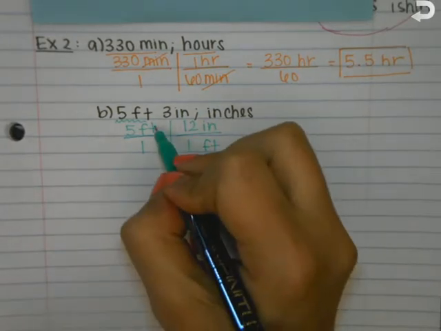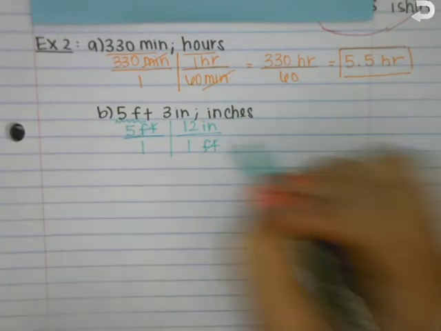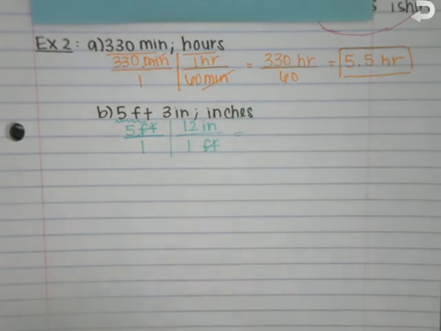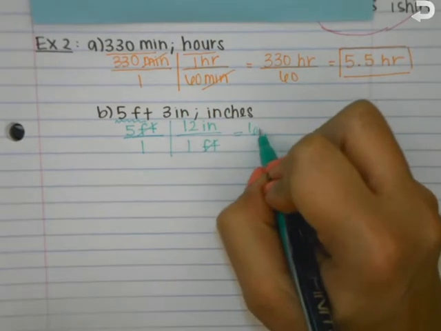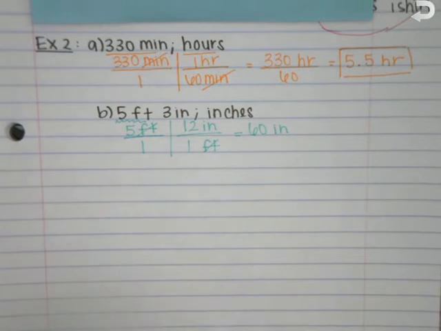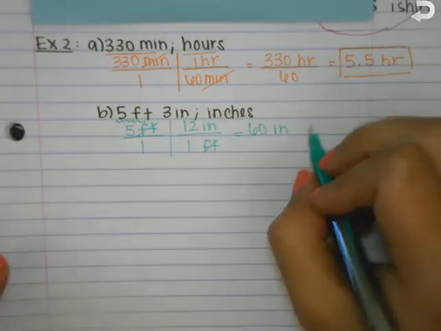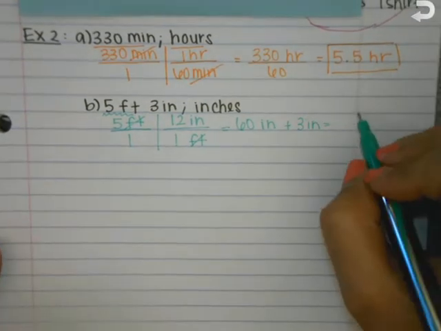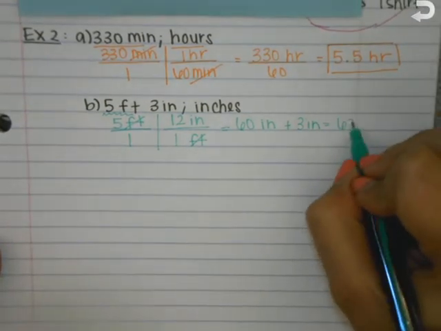Why do we put the feet on bottom? Because the feet cross-reduce, so then we're left with only inches, right? 5 times 12 gives me 60 inches. But the whole thing was plus 3, so we want to do 60 inches plus 3 inches. So how much total does that come out to? 63 inches.